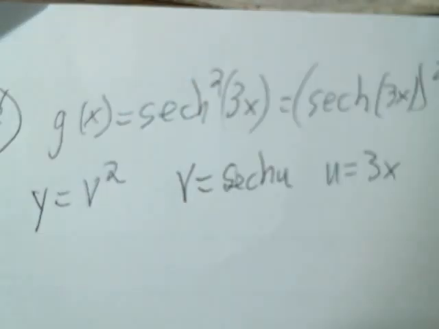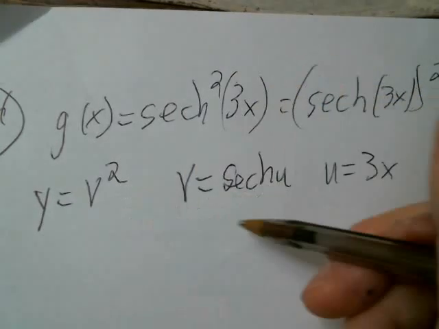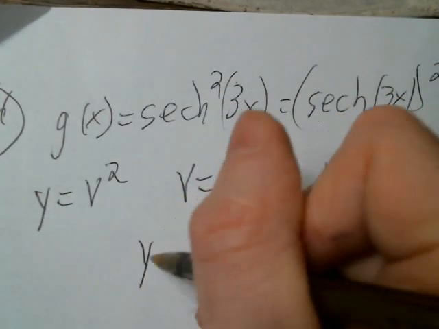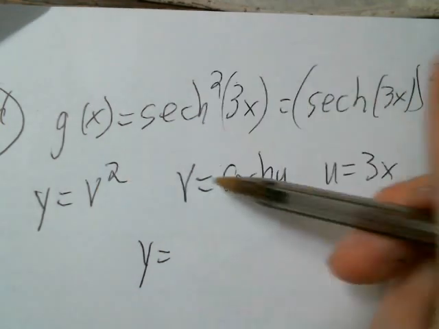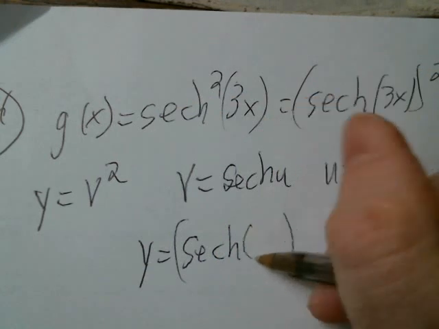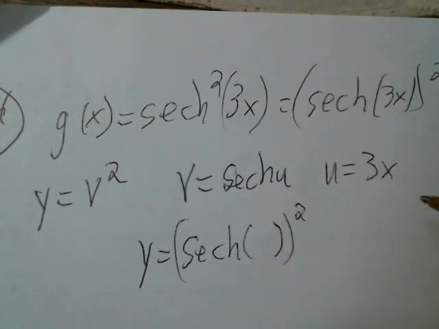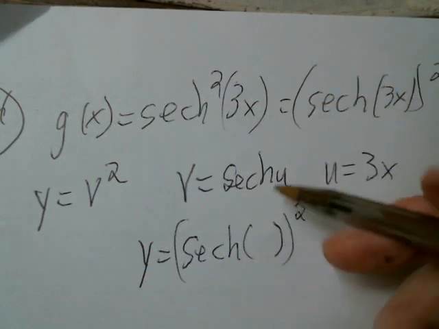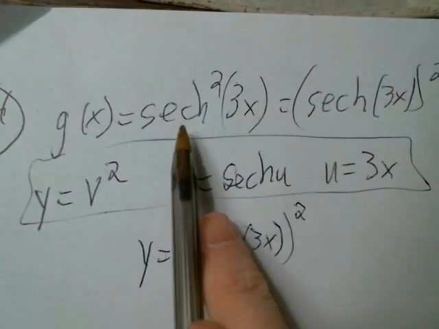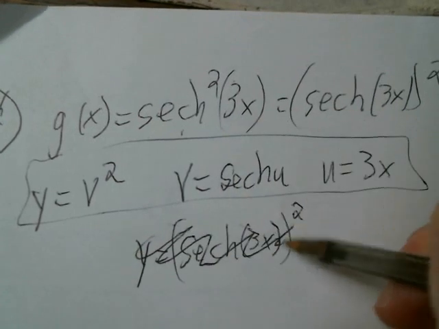If you back substituted all this, you would get g of x. So y is equal to v squared, v is hyperbolic secant of u, so v squared is that squared, and u is 3x.